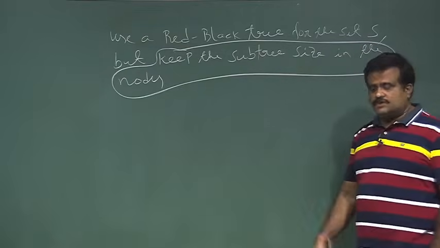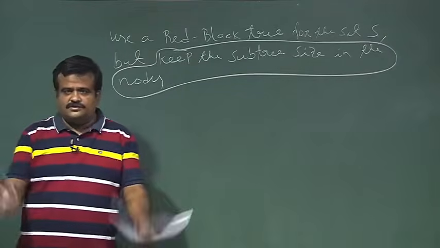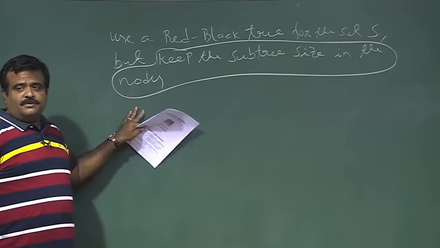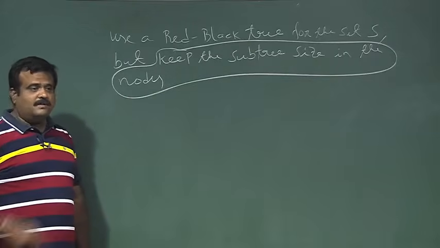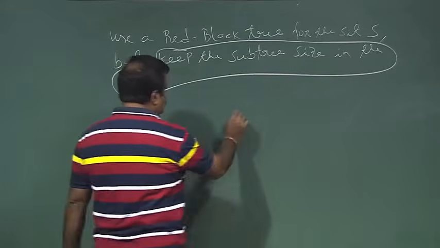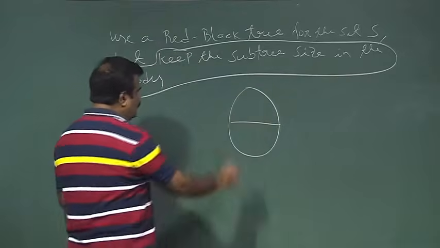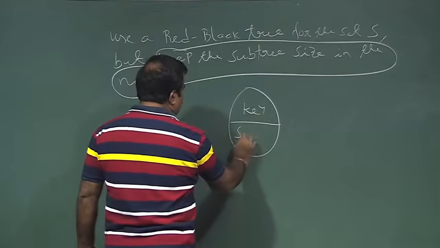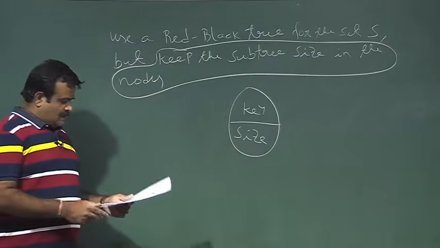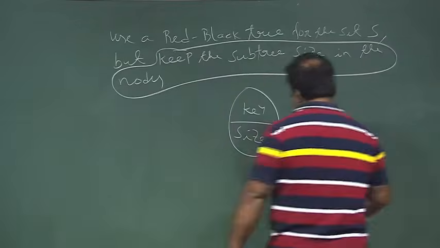So we will use our red black tree data structure, but we will keep this extra bit of information, which will help us solve our problem. That means each node has this field: this is the key, and this is the size of the subtree rooted at that node.